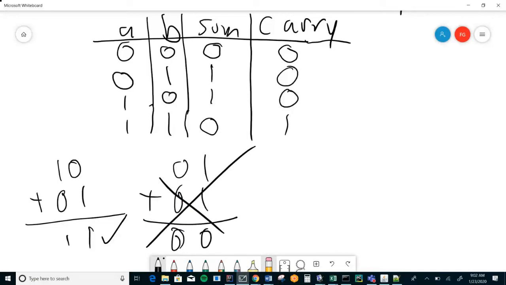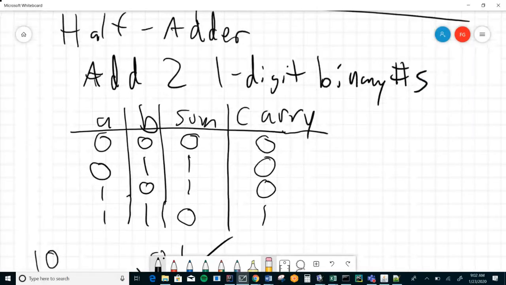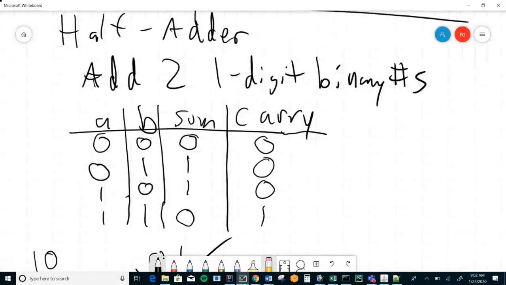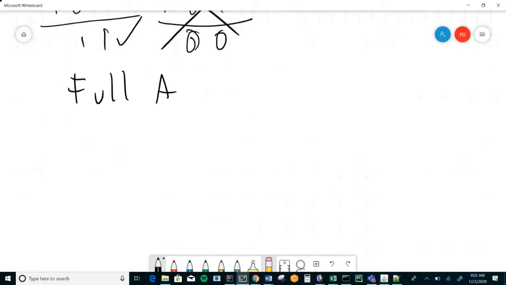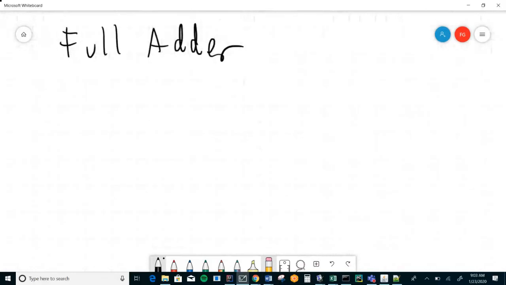So to that end, and maybe the name was suggestive, right? We created the half adder. Now we're going to need to think about the full adder. So let's work out a truth table for a full adder. So the full adder is going to be distinguished from the half adder in the following way. Just as with the half adder, the full adder has A and B inputs.